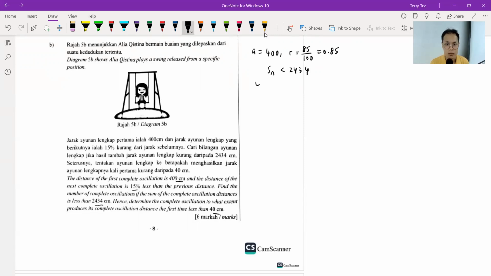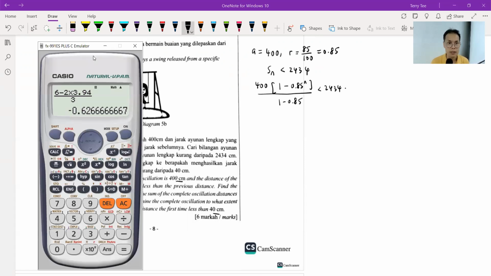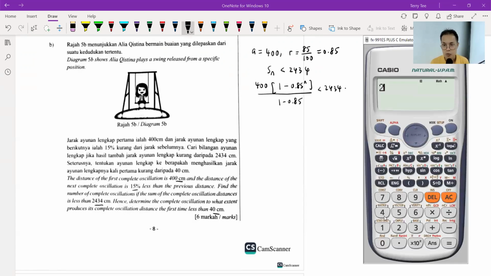Now remember the formula goes like this: a(1 minus r to the power n) over 1 minus r. This is less than 2434. Let's just use our calculator. We take 2434, multiply by 1 minus 0.85, that is 0.15, then divide by 400.